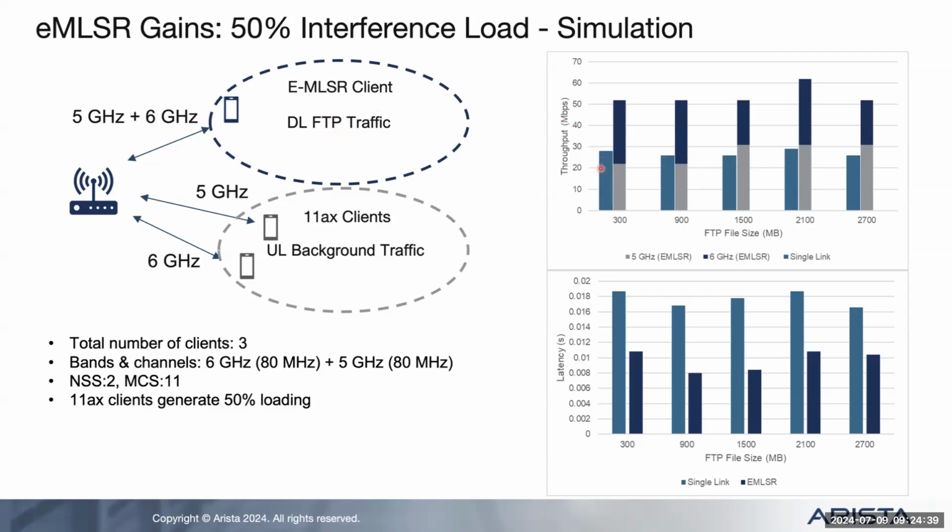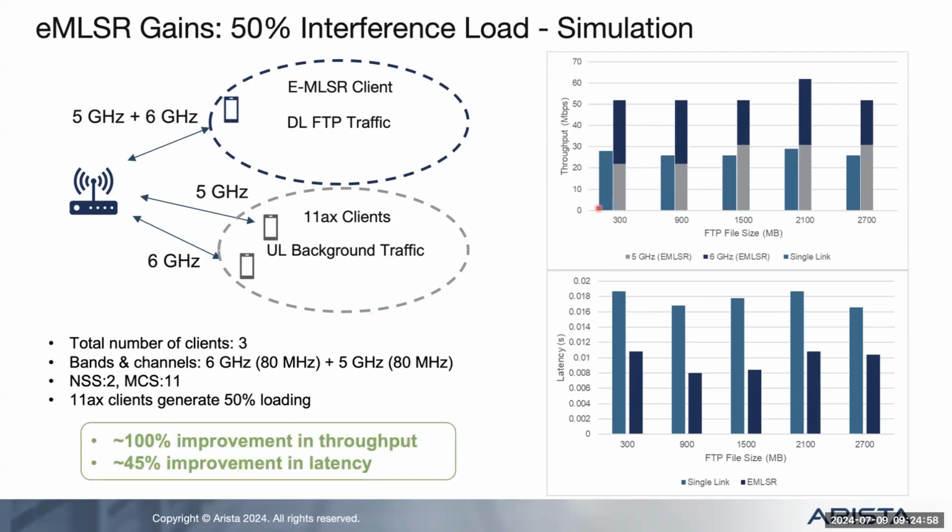The one that you see in blue is SLO, which is single link operation. You can clearly see that EMLSR clients have a higher throughput compared to SLO links. So when we tested, we observed 100% improvement in throughput and 45% improvement in latency.